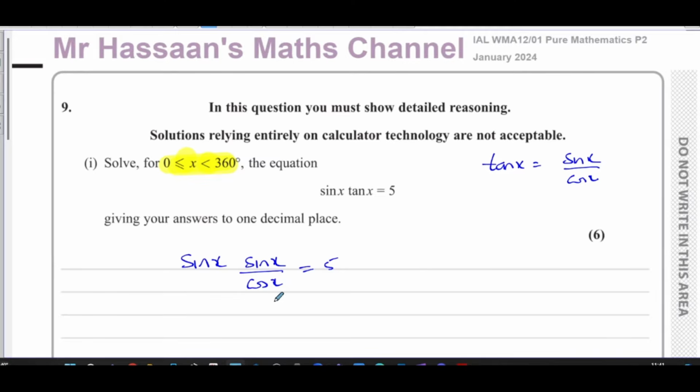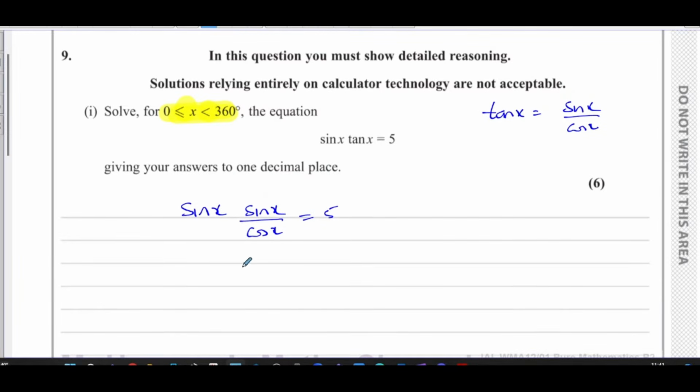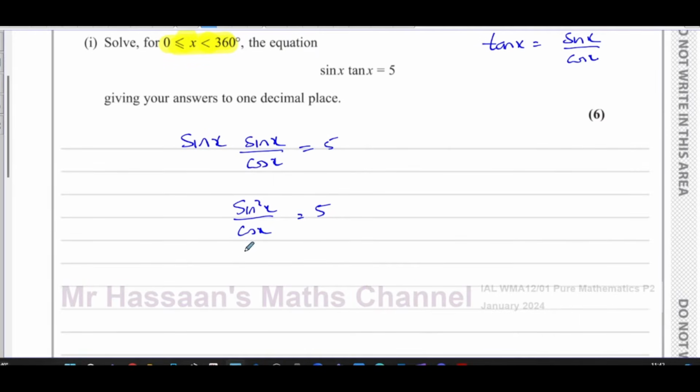That helps, because now I've got sine squared x over cosine x equals 5. Now I can multiply both sides by cosine x, so I have sine squared x equals 5 times cosine x.